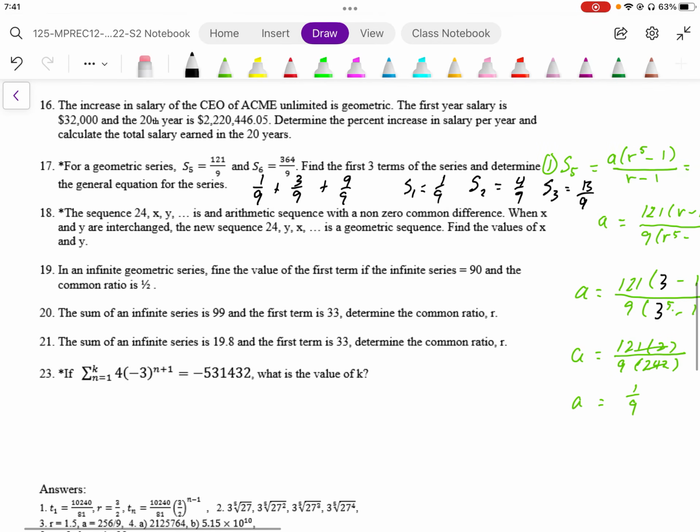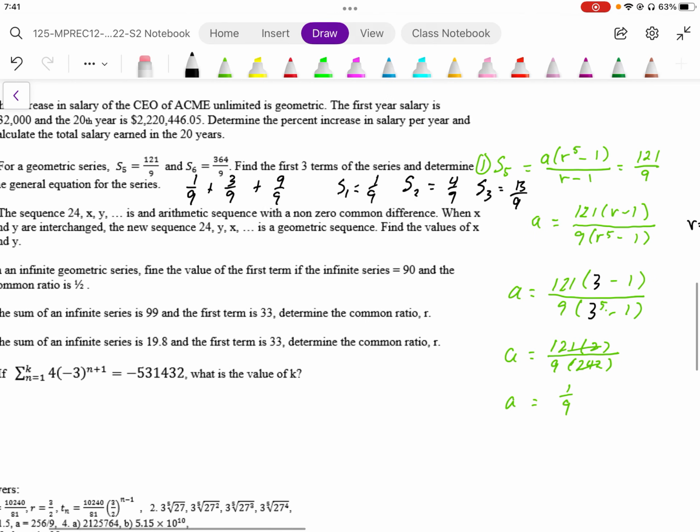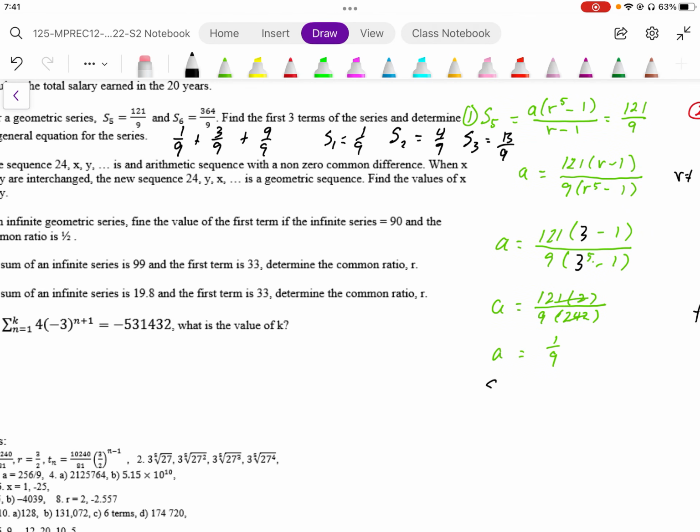And I think that's it. Now for the general equation for the series, if I want to write the Sn for this, it'll be Sn equals 1 over 9 times (r to the power n minus 1) over (3 minus 1), and that simplifies to (3 to the power n minus 1) over 18. So there's my general Sn formula.